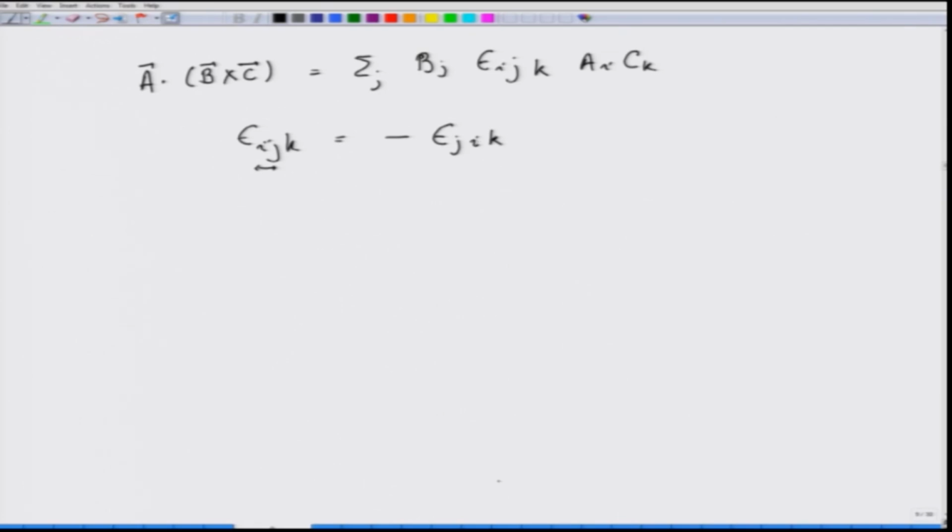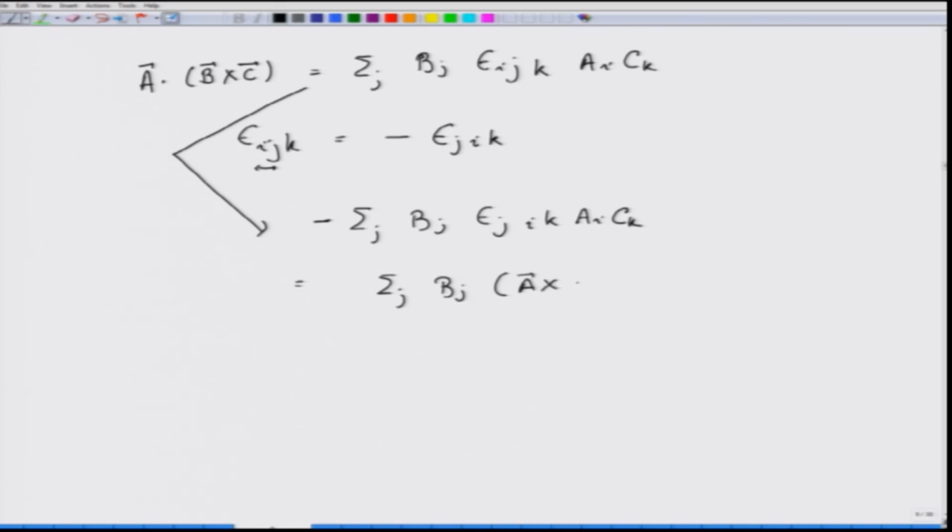So, I can write this as the summation over j with a minus sign, B_j epsilon_jik A_i C_k, which is nothing but the summation over j of B_j times the jth component of A cross C, with a minus sign, which is equal to minus B dot A cross C.